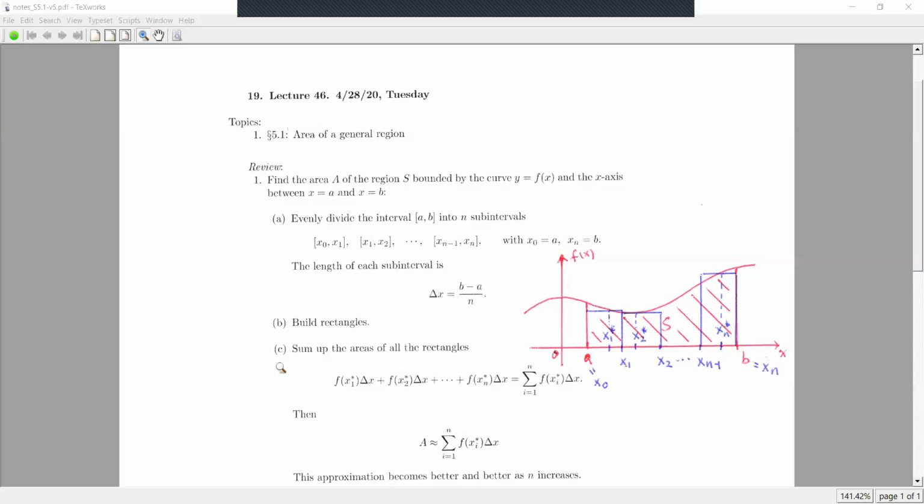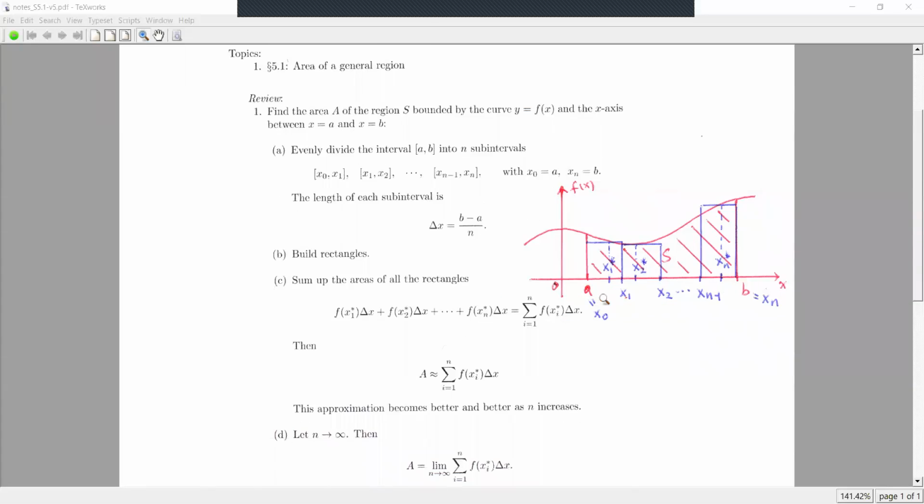Now step 3. Compute the area of each rectangle, then make a sum of all the areas. The first rectangle, the area is base times height. Base, delta x, height, function value at x1 star.